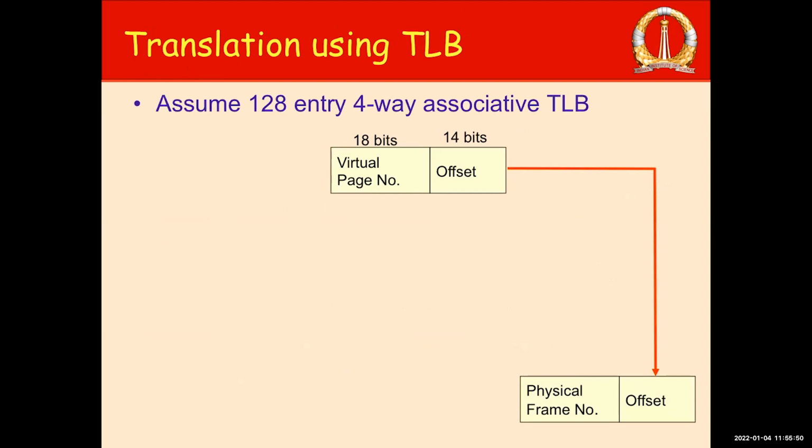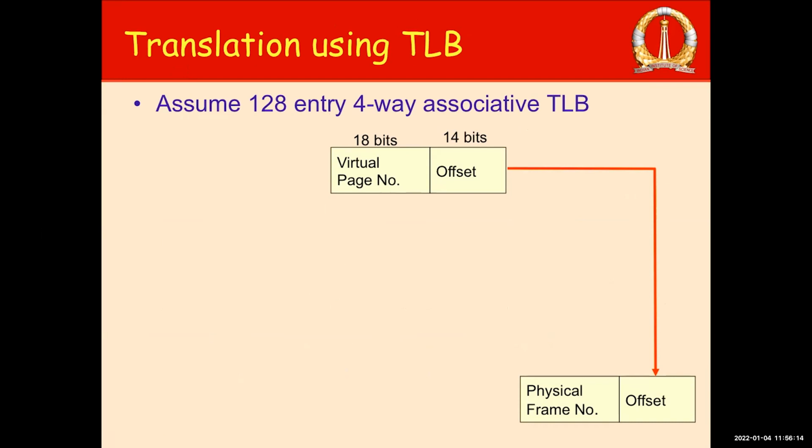So let's see what happens if I have, let's say, a 128 entry 4-way set associative TLB. If I have a 128 entry TLB, and it is 4-way set associative, then 128 divided by 4, that is 32 sets, are available in the TLB.